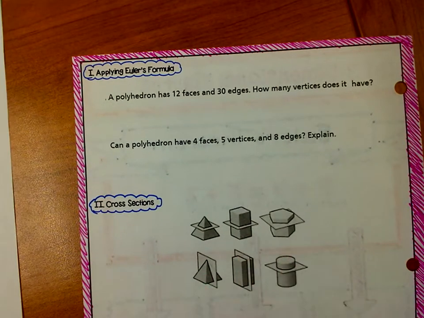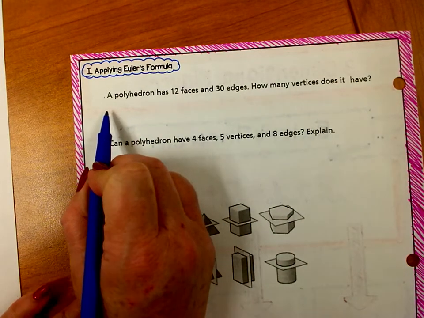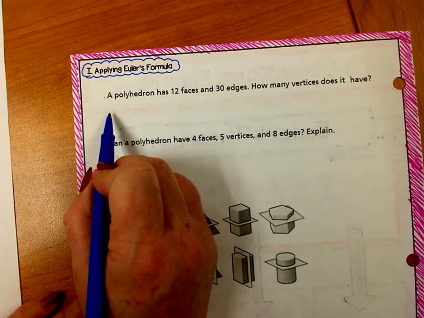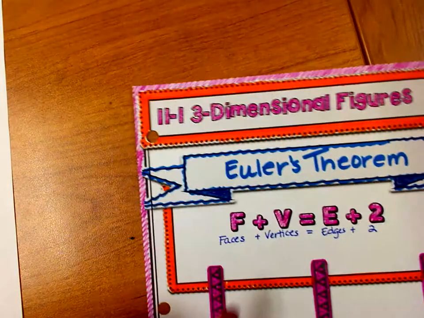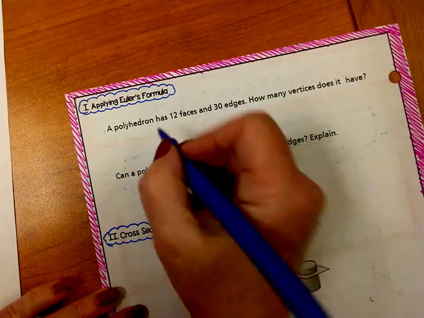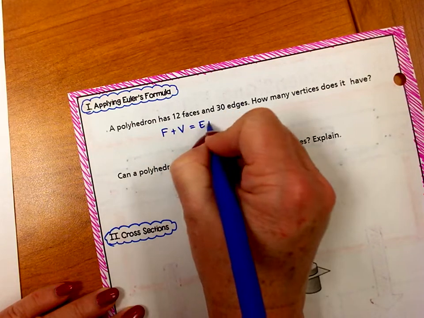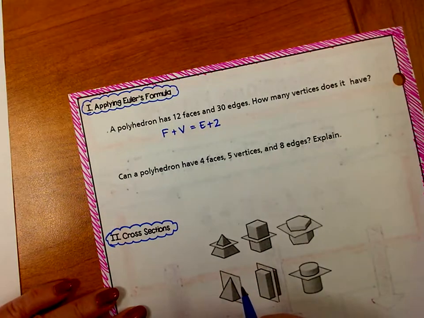Okay, so let's apply the formula to a couple of problems. Let's start with this one. A polyhedron has 12 faces and 30 edges. How many vertices does it have? Well, if we go back to our formula, faces plus vertices equals edges plus 2. Let's substitute in what we know.